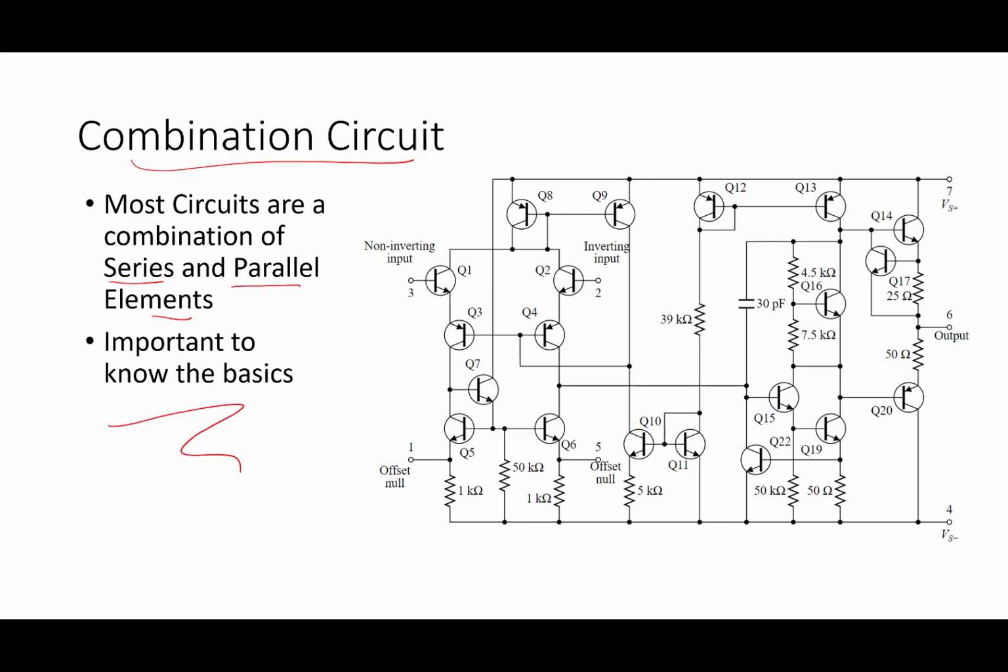If you look at this more complex piece of circuitry, these two resistors are in series with each other. These two resistors are in parallel with each other. These three resistors are parallel with each other. All of these little things right here are transistors, and we just didn't have a chance to talk about those at this point in time.